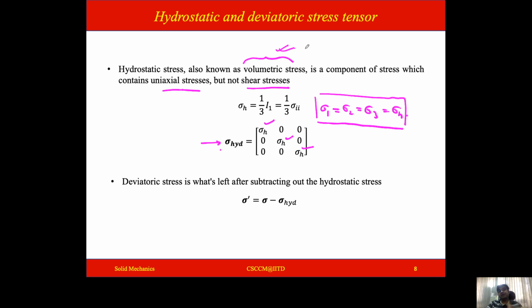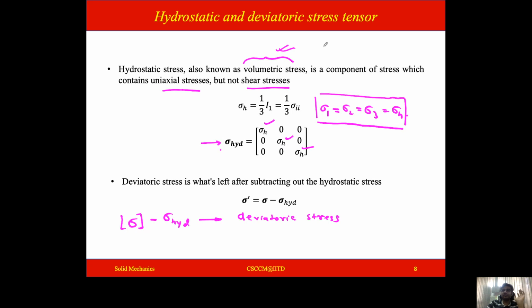Okay. And then there is deviatoric stress, which is, if you have an arbitrary state of stress, let us say sigma, and if you subtract sigma hyd from that, whatever you are getting is a deviatoric state of stress. Now, this deviatoric stress will not result in change in volume, but it will change the shape.